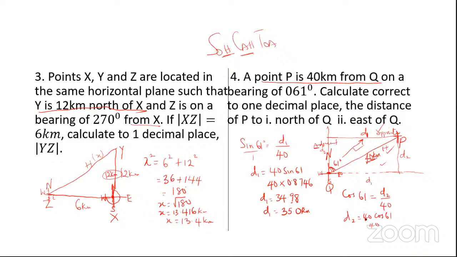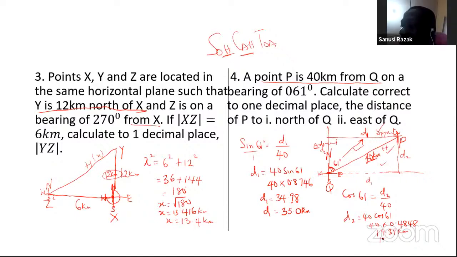So it means we also need to find what cos 61 is. If you use your 4-figure table or calculator, you have it as 0.4848. So if you multiply it by 40, it will give us 19.39 kilometers. But they want us to approximate. That will be 19.4 kilometers. That's our D2.